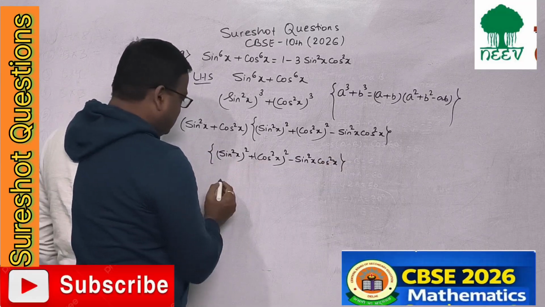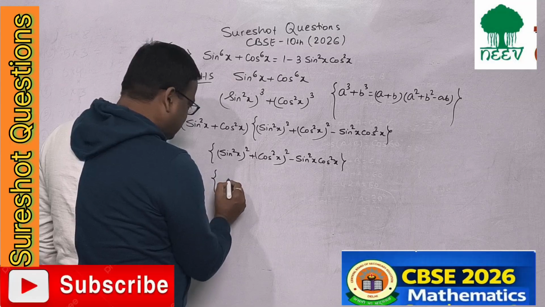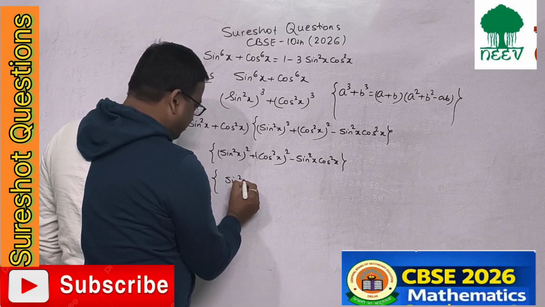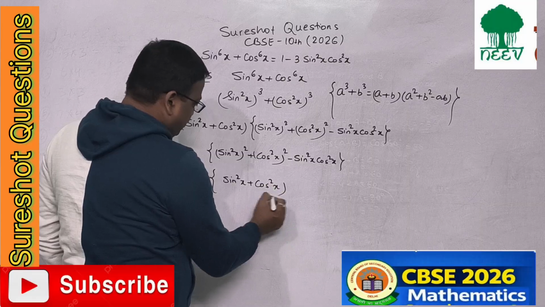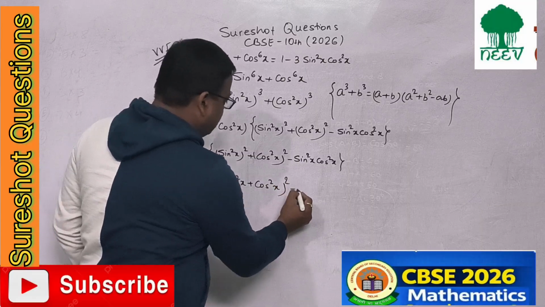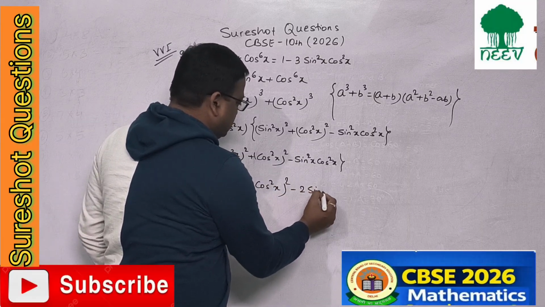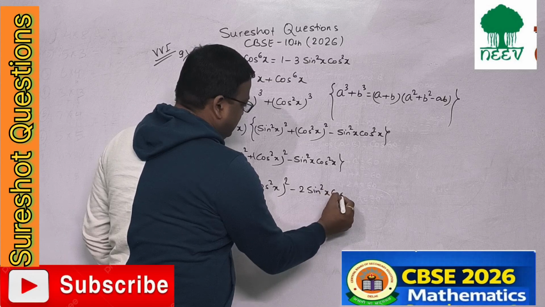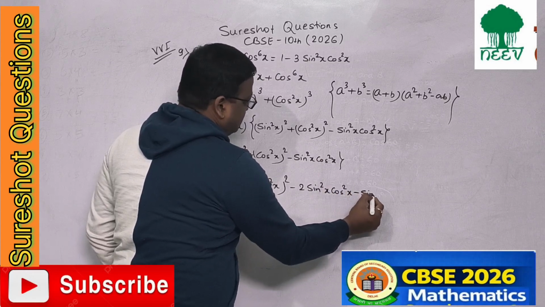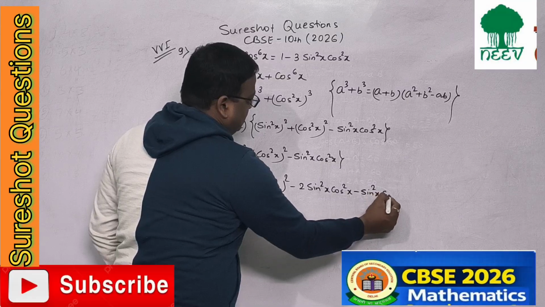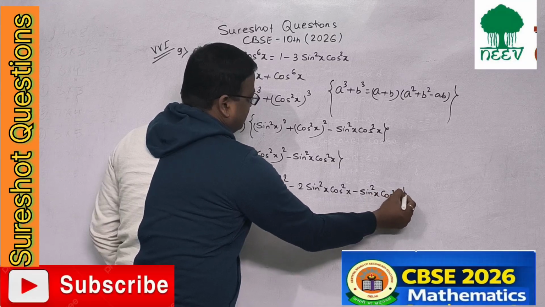What's the formula? We can write it as (a plus b) whole square minus 2ab, and we already have sin square x cos square x with us.